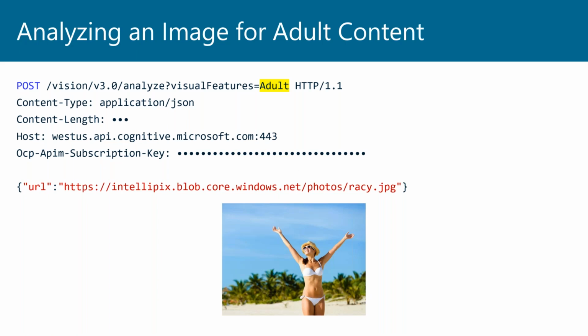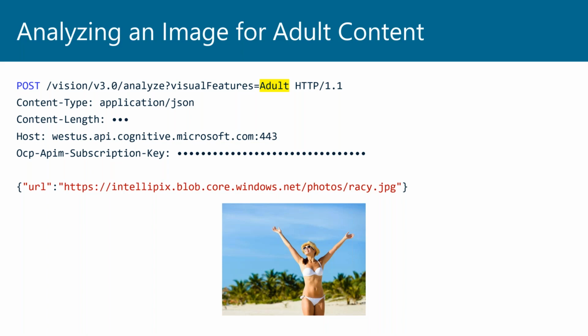So here's an example. Using the Computer Vision API, all of these APIs are REST APIs, which means you can use them from any programming language you want to. As long as that language allows you to put an HTTP request on the wire, you can invoke a Cognitive Services API. It could be C, C++, Java, Python, JavaScript, whatever you want.